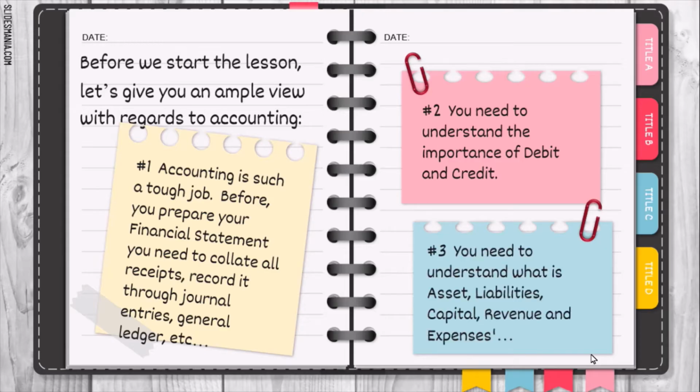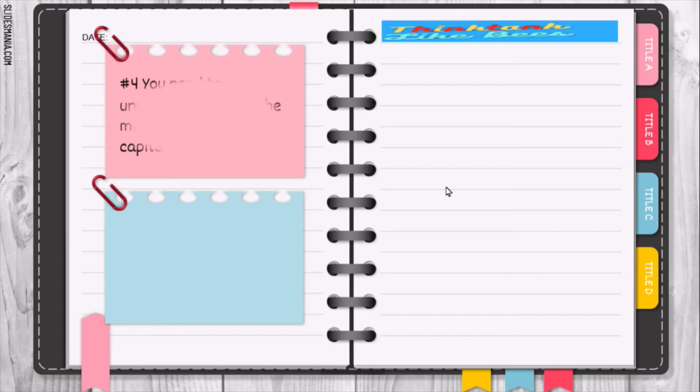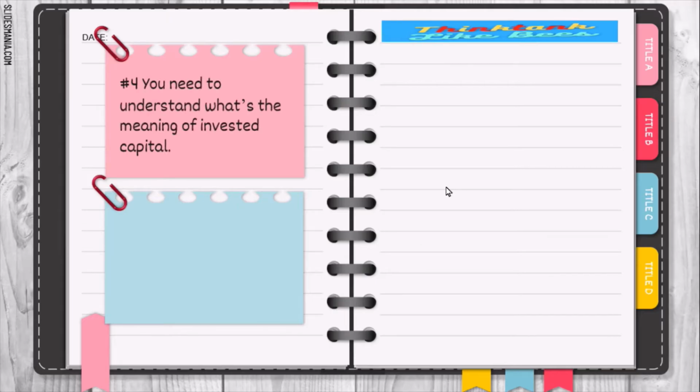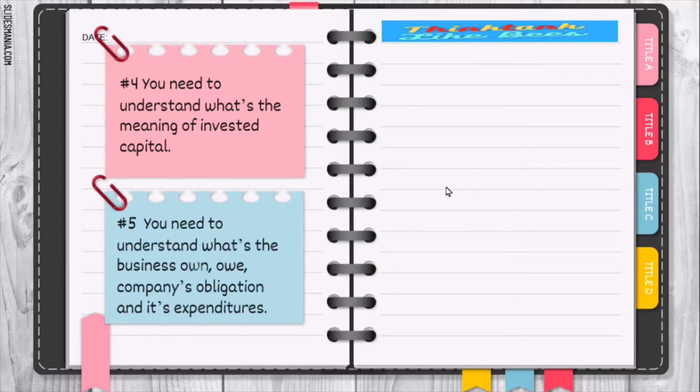Number 3, you need to understand what assets, liabilities, capital, revenue, and expenses are. Number 4, you need to understand the meaning of invested capital. And number 5, you need to understand what the business owes, the company's obligations, and its expenditures.